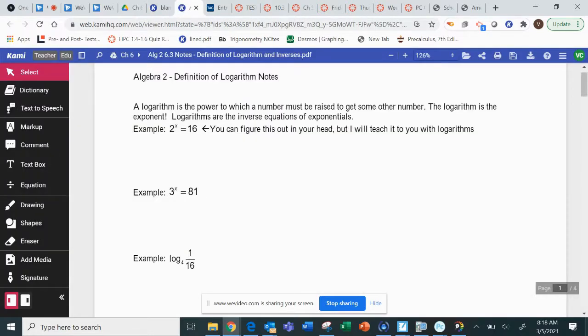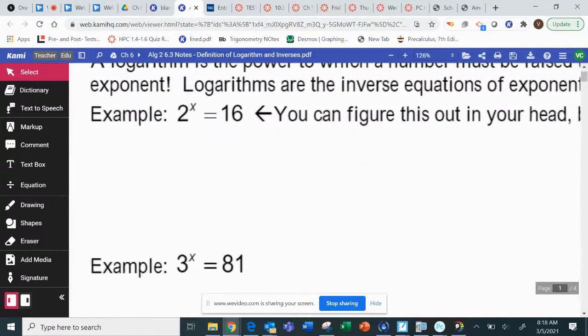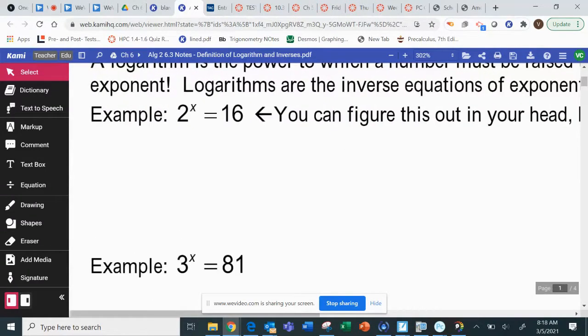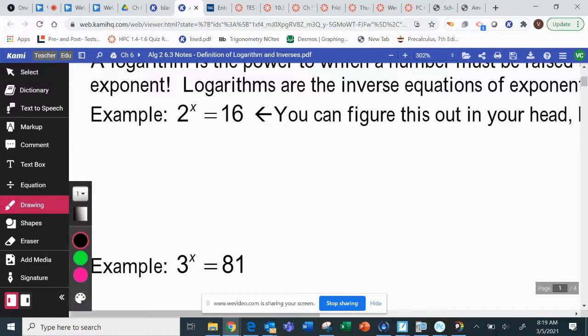And we're going to start with our first example, which is 2 to the x equals 16. Now, you should be able to tell me that answer. Do you know the answer, Jackson? It is 4. Yeah. So x is 4. But I'm going to show you using logarithms how it works. So this is a base of 2.